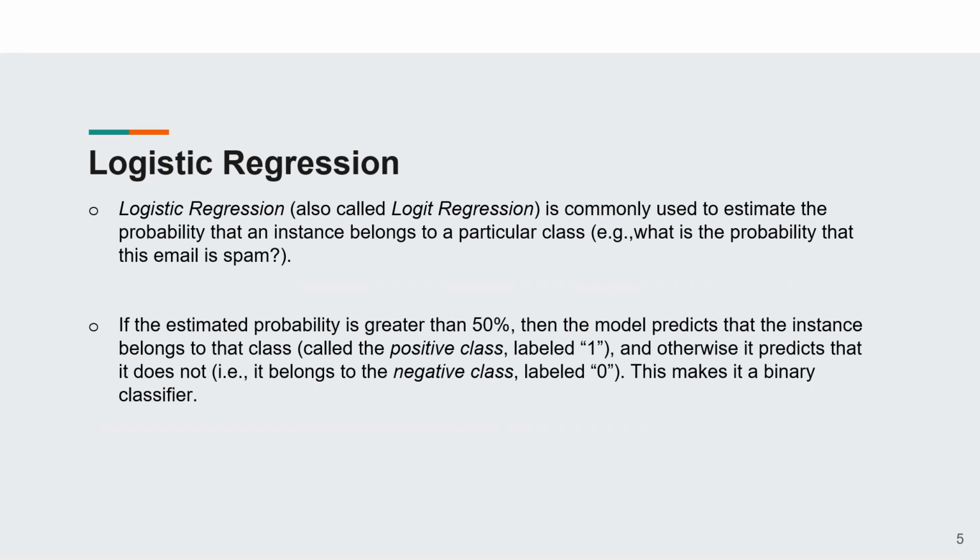Otherwise, it predicts that it belongs to the negative class labeled as 0 when the probability is less than 50%. In that case, it becomes a binary classifier. So instead of a probability regression question, you could even transform it to a binary classifier. Of course, you could always set up different thresholds so that it could potentially even become a multi-class classifier.